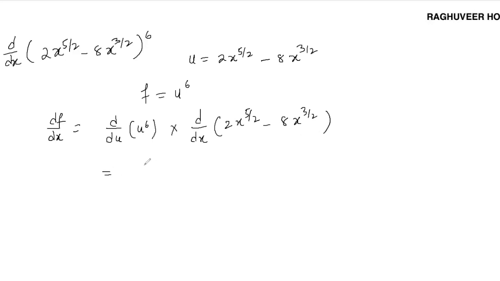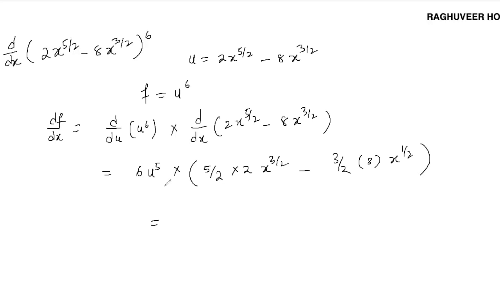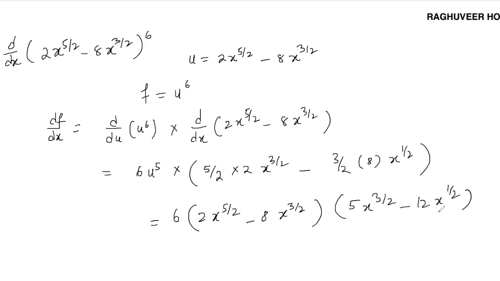So this will be 6u power 5 multiplied by 5 by 2 into 2x to the power of 3 by 2 minus 3 by 2 multiplied by 8x to the power of 1 by 2. Then substituting u here, 6 into 2x to the power of 5 by 2 minus 8x to the power of 3 by 2, multiplied by 5x to the power of 3 by 2 minus 12x to the power of 1 by 2.